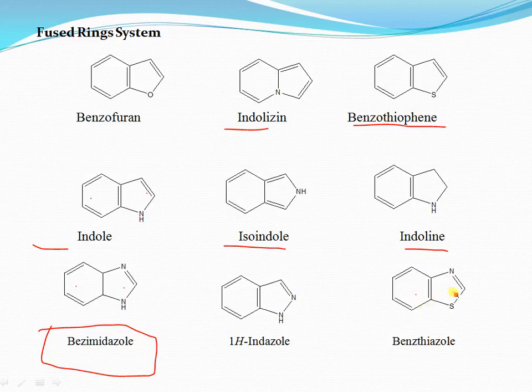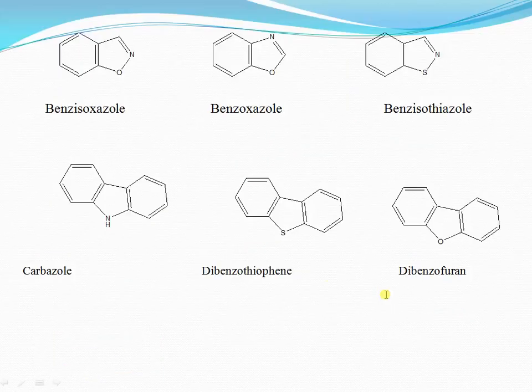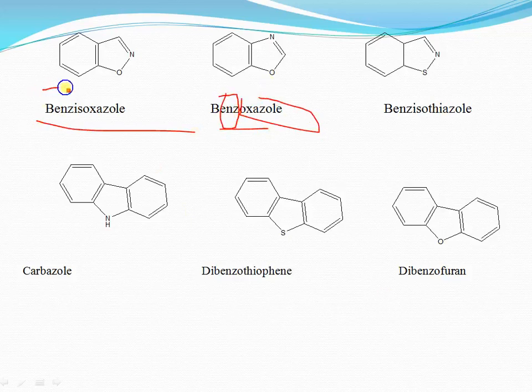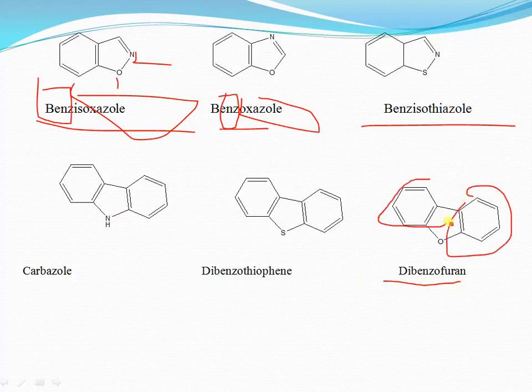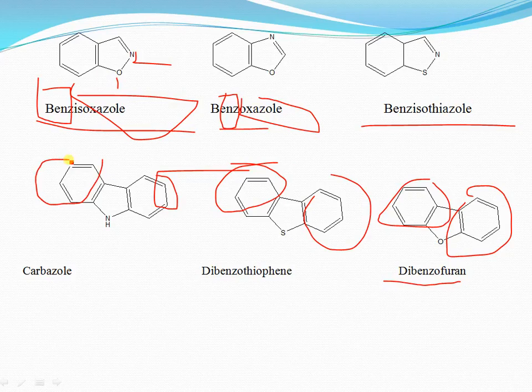It is benzene and thiazole, it is benzthiazole, then benzisoxazole, benzoxazole. It is oxazole with benzene, that's why it is benzoxazole. It is benzisoxazole, benz with isoxazole. Numbering will start from this oxygen, 2, 3, 4, 5, 6, 7. Benzisothiazole, dibenzofuran, dibenzothiophene, dibenzopyrrole. It is carbazole like this.